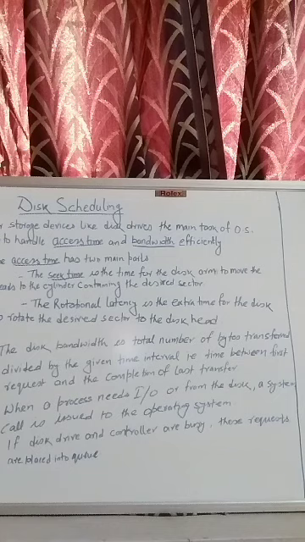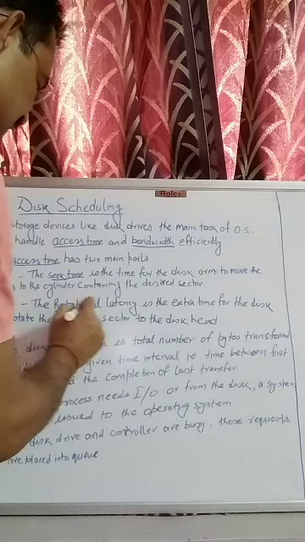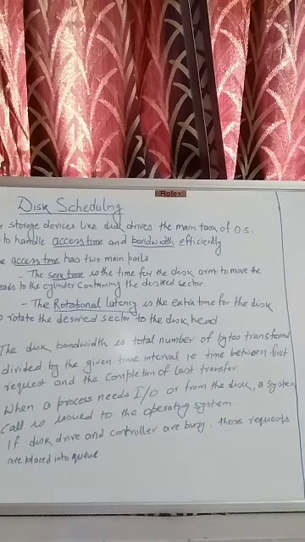That is, it is the time taken by the disk arm to move the head of each platter to the cylinder containing the desired sector. Whereas the second component is the rotational latency, that is the extra time for the disk drive to rotate the desired sector under the disk head.